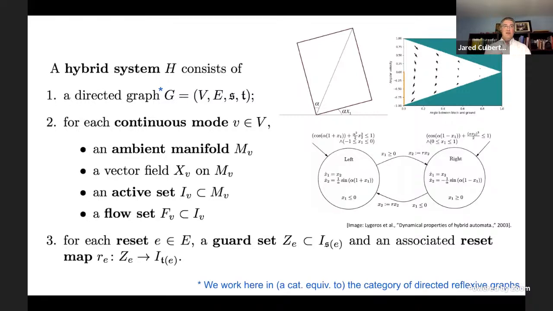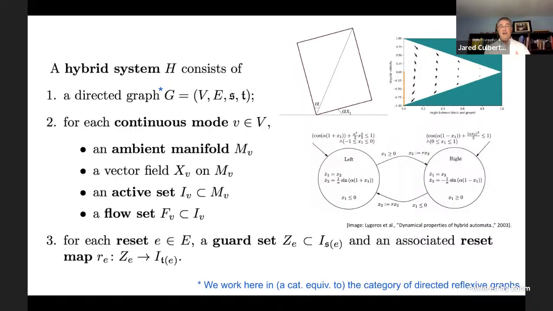So you're going to go to a node, flow for a bit, and then hit a guard set, and then jump to another node, flow for a bit, hit a guard set, jump back to another node. The way to encode this is having this graph, where the nodes index the continuous modes and the edges index the reset maps and the guards that describe the discrete dynamics.